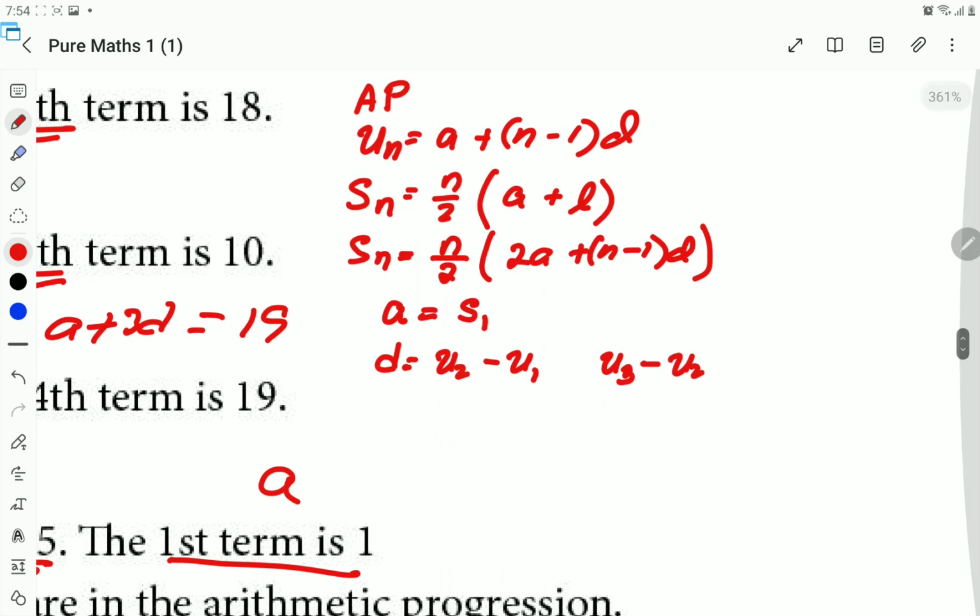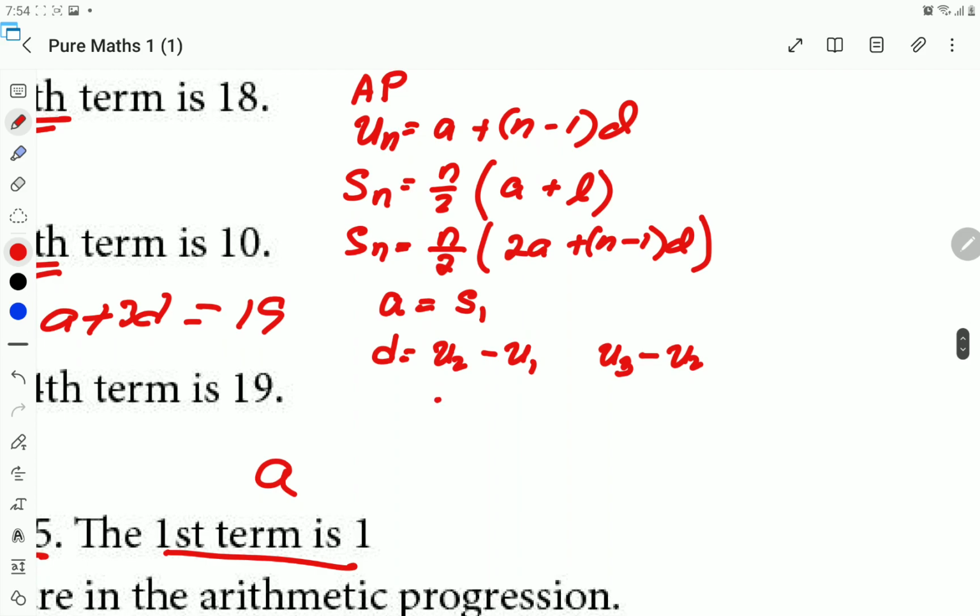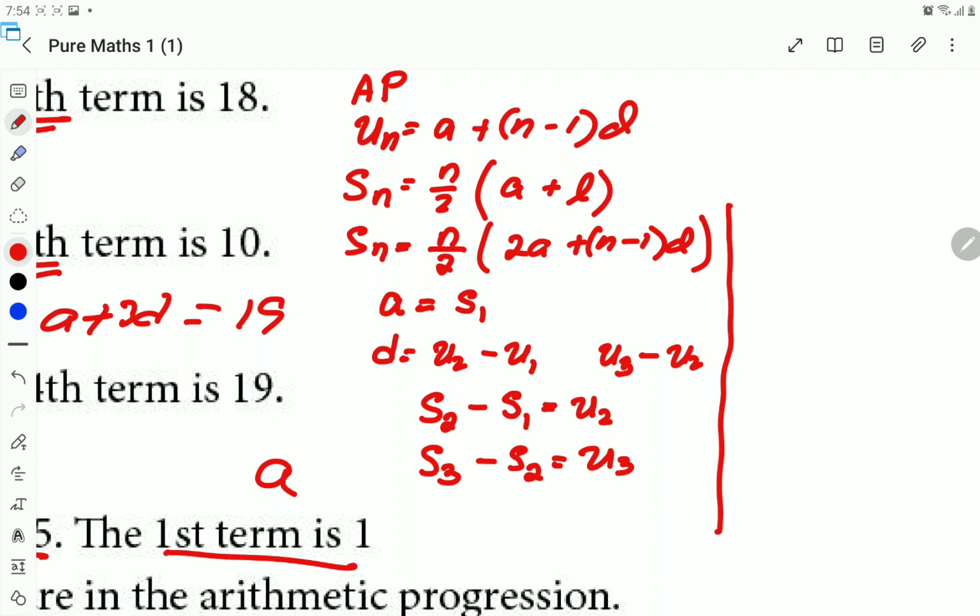Okay? Now, what we have said is that the sum of the first two minus the sum of the first one will give you u2. And the sum of the first three minus the sum of the first two is equal to your u3. And every time you see a problem that says the fourth term, the one that should go into your mind is a plus 3d.